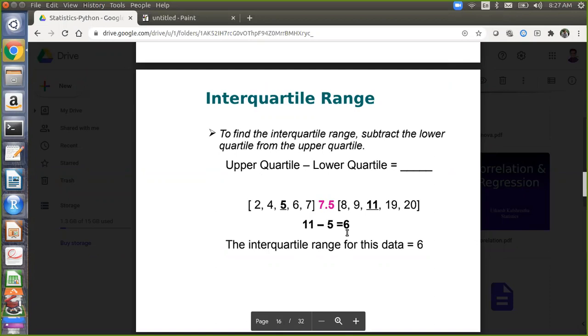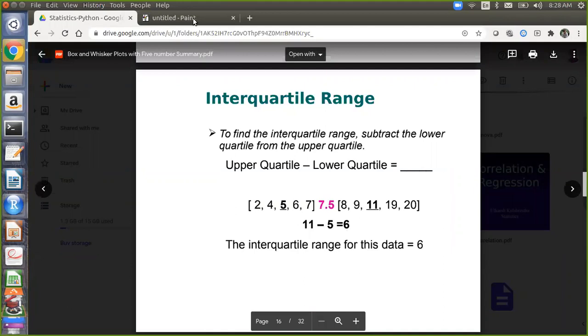It gives values between a given range. Suppose you write 0, 100: between 0 and 100 it will generate the numbers. So basically it identifies the range of your data, maximum minus minimum: what is the minimum number in your data set and what is the maximum number. Range is a function to calculate that.